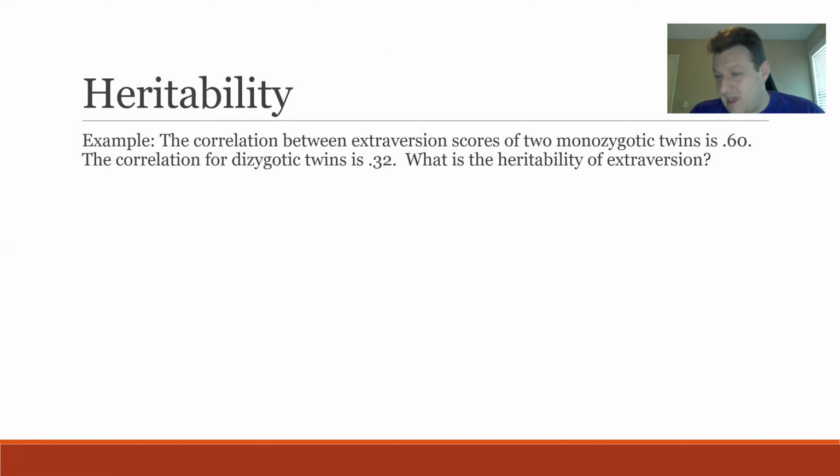Remember, heritability in this case is A. So this is 2 times the difference between these two. So I'm going to take 0.60 minus 0.32, and multiply that difference by 2. So 0.60 minus 0.32 is going to give me 0.28. Multiply that by 2. The heritability is going to be equal to 0.56. So 56% of the variance is due to one's genetics. It's due to nature and not nurture.